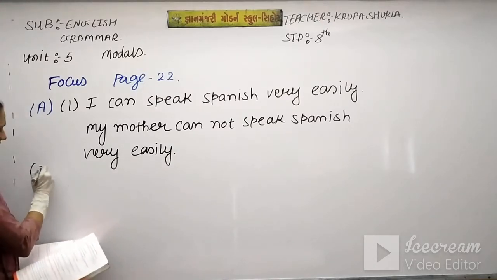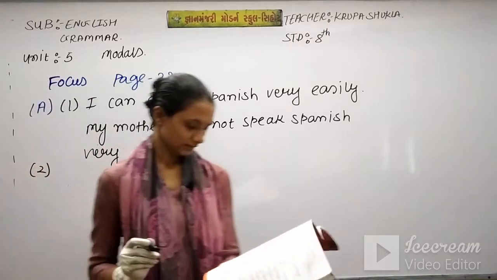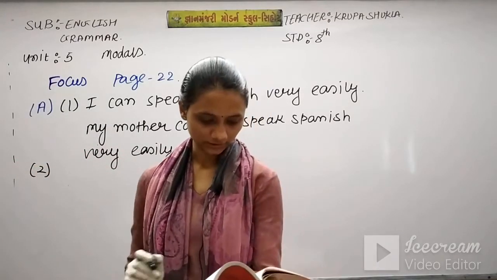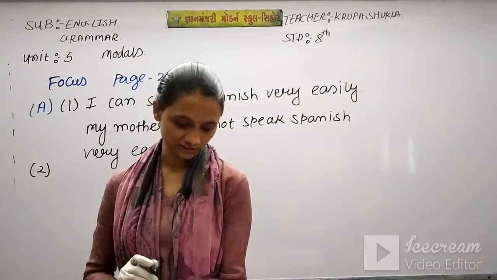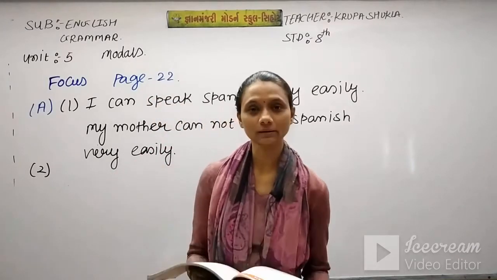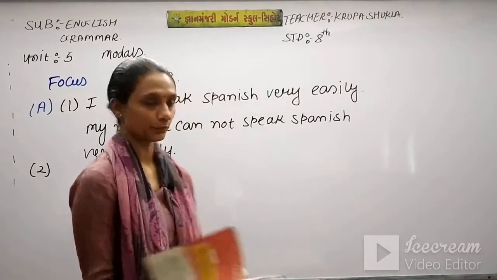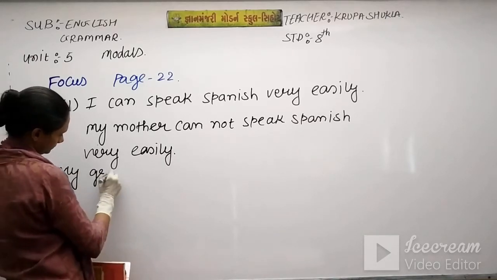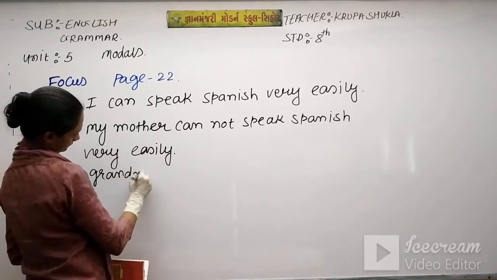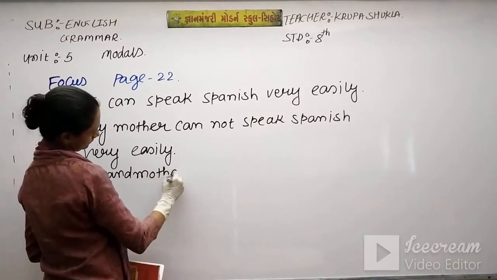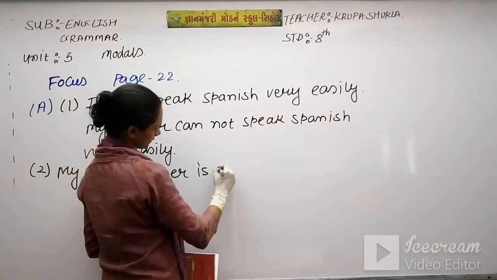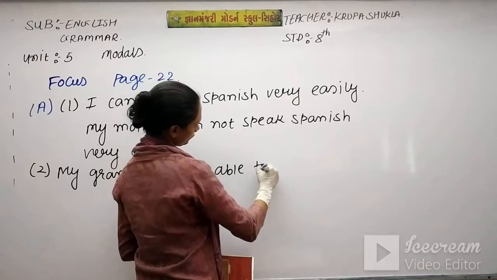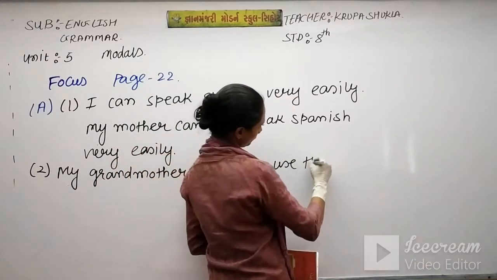Now focus exercise A2. Use a computer, my grandmother. My grandmother is the subject here, student. So we can say my grandmother is able to use the computer. My grandmother is able to use the computer.